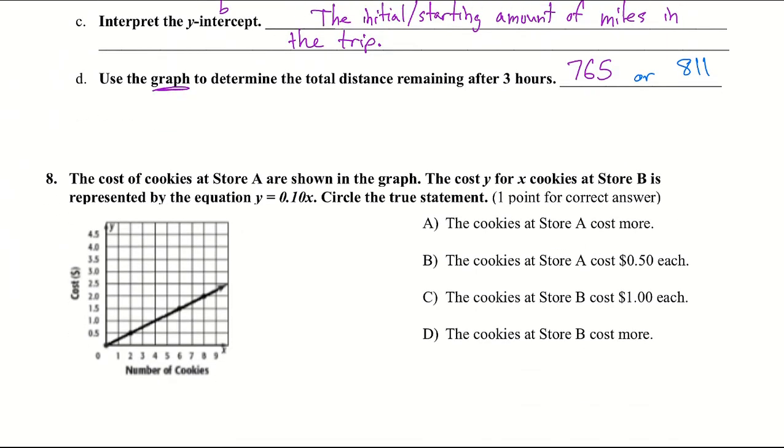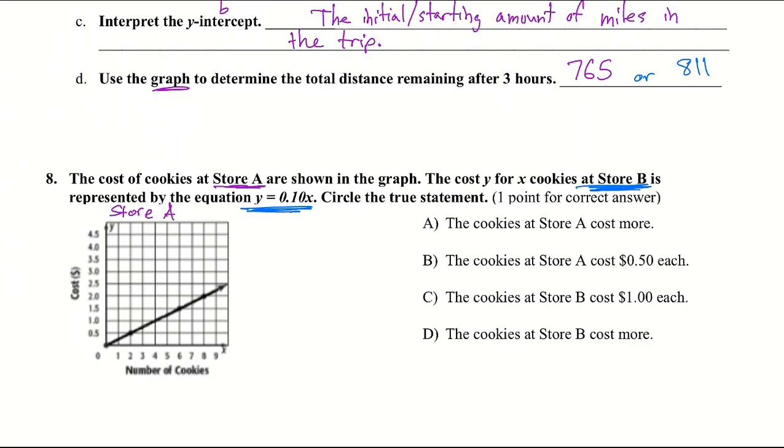This is another tricky one because you have to read. It says the cost of cookies at store A are shown in the graph. So this is store A. The cost y for cookies at store B is represented by the equation. So store B, the equation is this.